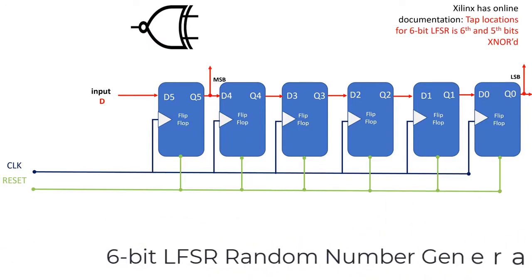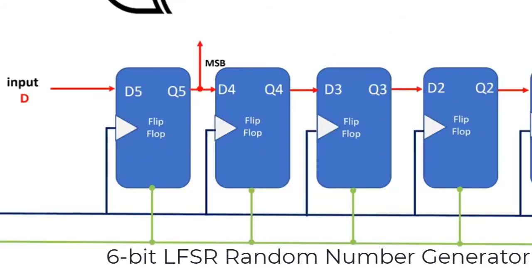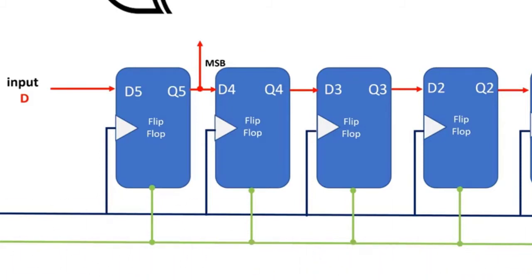Now for a 6-bit LFSR, the data lines that are going to be tapped and then run into an exclusive NOR gate will be the 6th and the 5th bit. According to Xilinx documentation, if you are creating a 6-bit LFSR, then you need to tap the 6th and the 5th bits, exclusive NOR them, and feed the result into input D, just to avoid any repetitions while generating an LFSR.